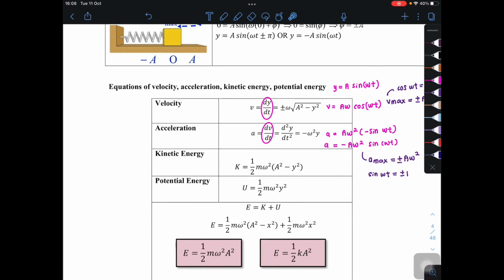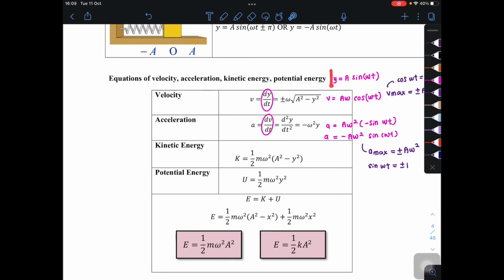Okay, so since this one adalah our general equation, and in order to find v, kita kena derive displacement, dy over dt. So when we derive, the equation untuk v daripada y, kita kena differentiate. So how do we differentiate? Differentiate saja macam biasa, d over dt, and then differentiate A sin omega t.